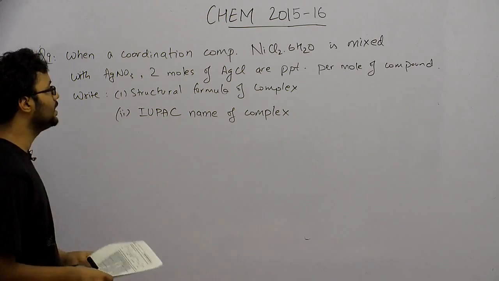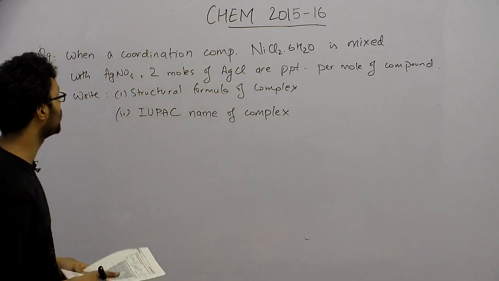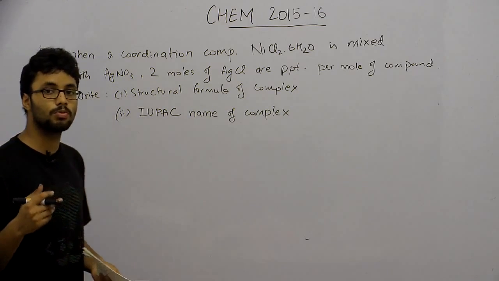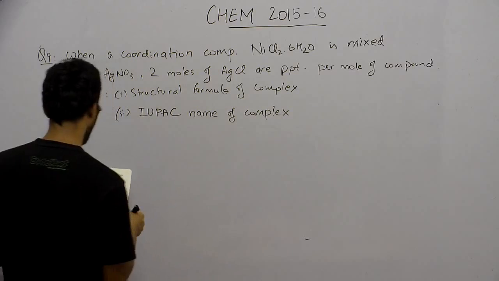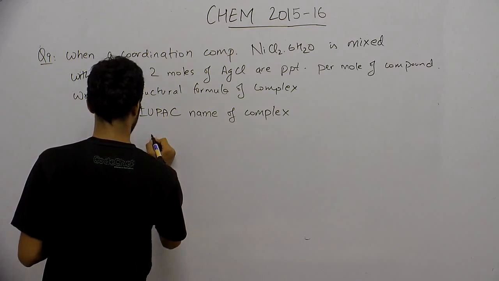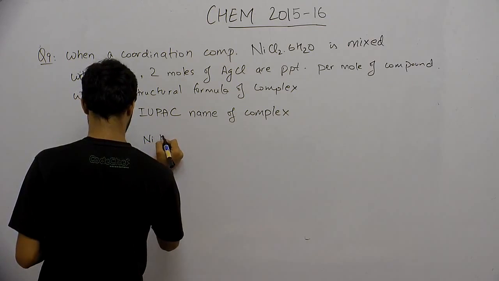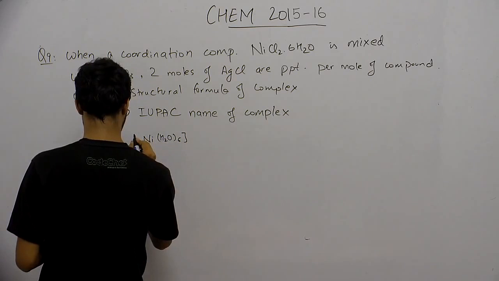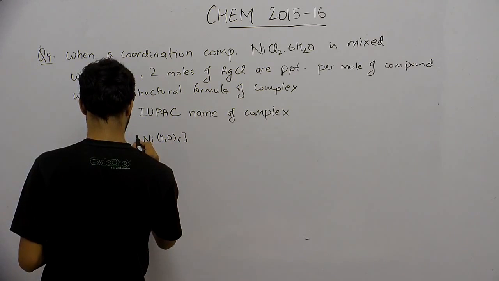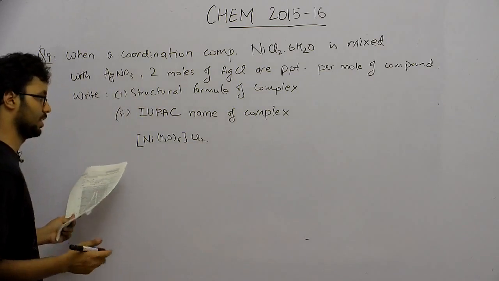So clearly, when 2 moles of AgCl are being precipitated out, 2 moles of chlorine should be free. So the structural formula of the compound is this.